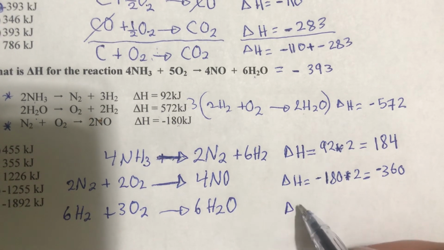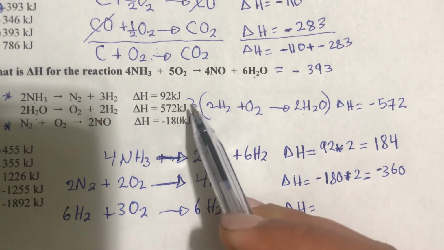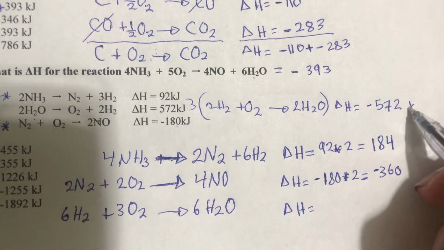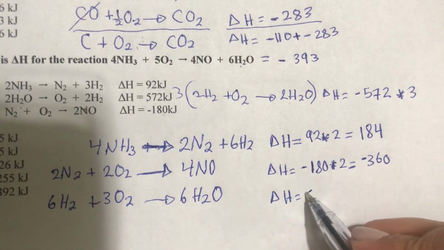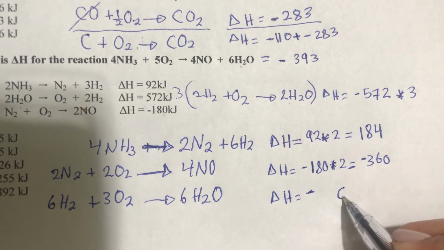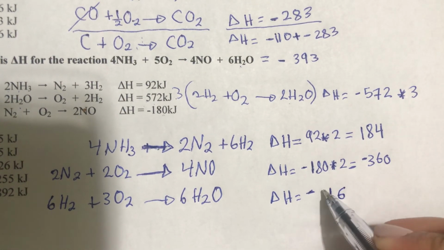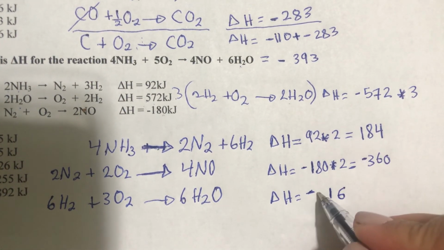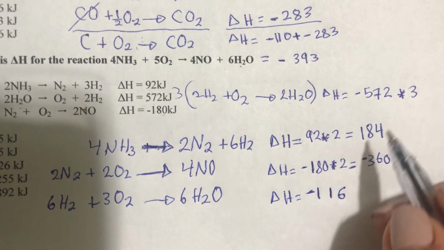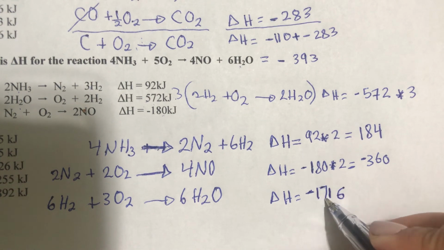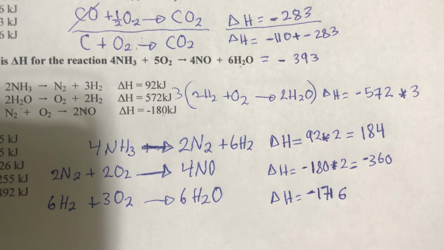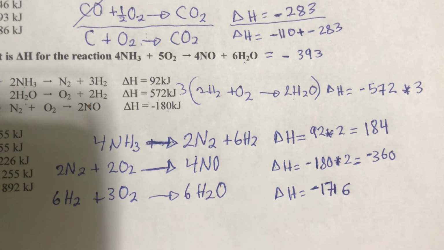So delta H, if you multiply by 3, here you have to multiply by 3. So the answer is 1716.